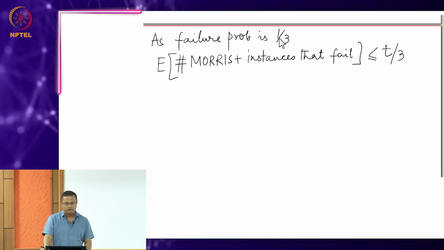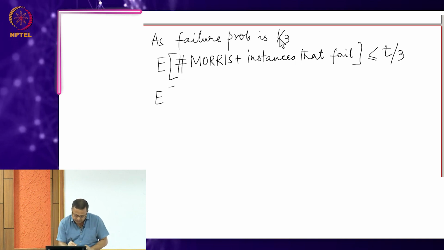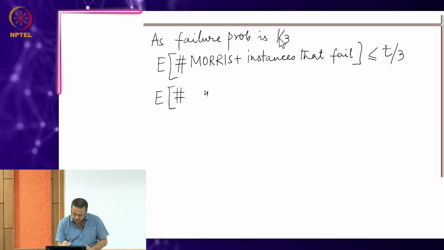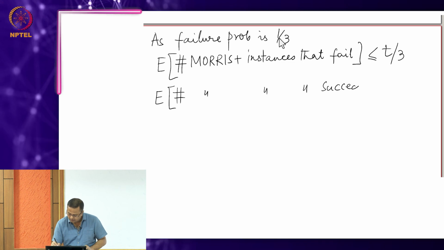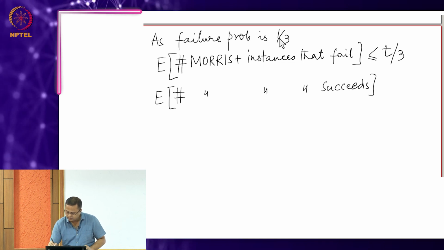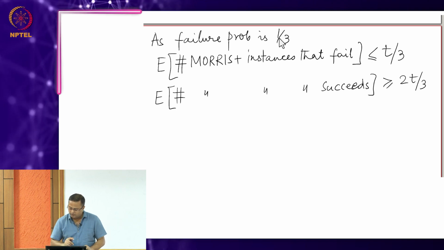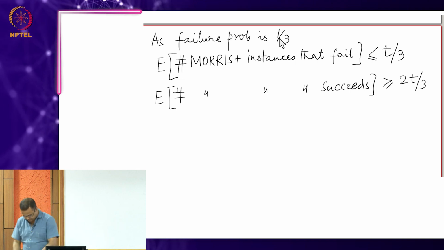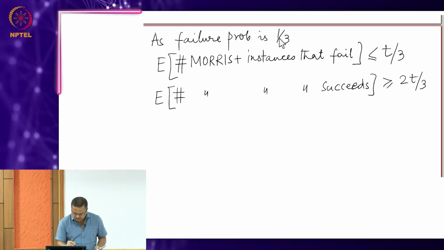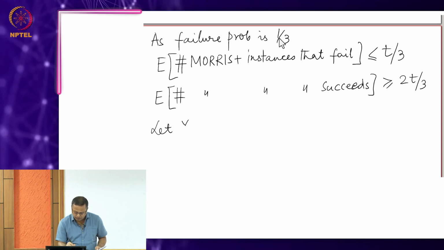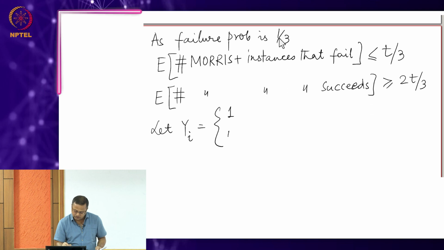So you fail for this. That means the expectation of the number of Morris plus instances that succeed is greater than 2t by 3. Let me just use a 0 1 variable because I would finally apply a Chernoff. So let me bring in a 1 0 random variable.